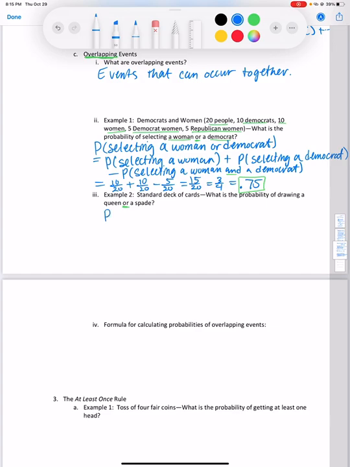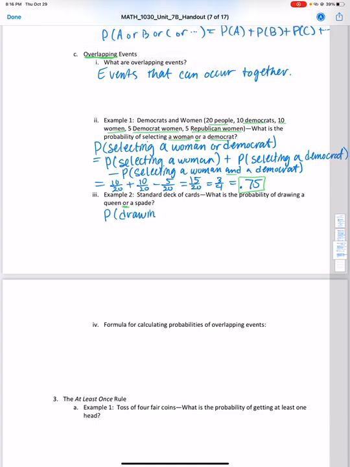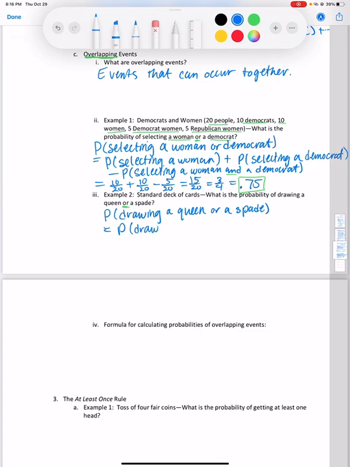So the probability of drawing a queen or a spade from a standard deck of cards, all shuffled, all put in front of you, okay, the probability of doing that is equal to the probability of drawing a queen plus the probability of drawing a spade minus the probability of drawing a queen and a spade.